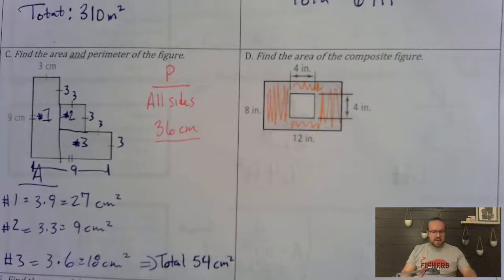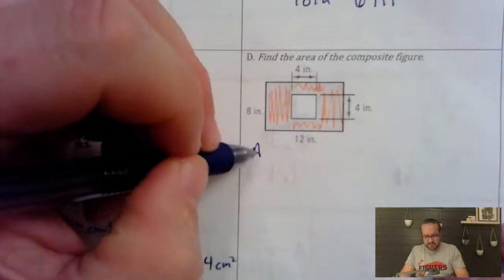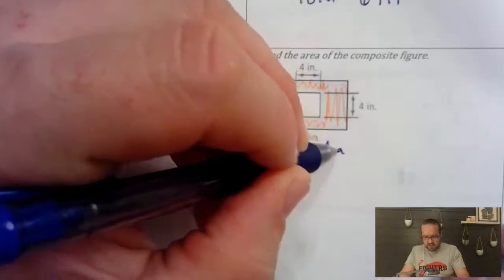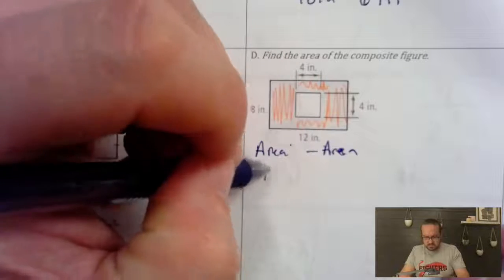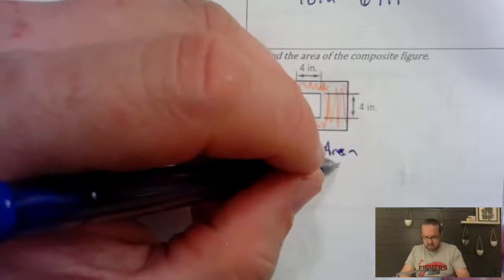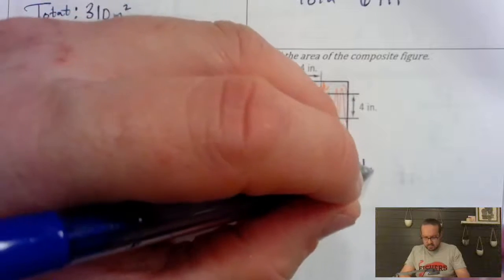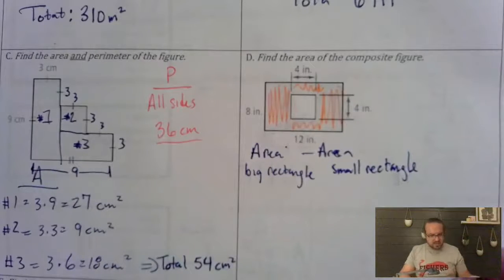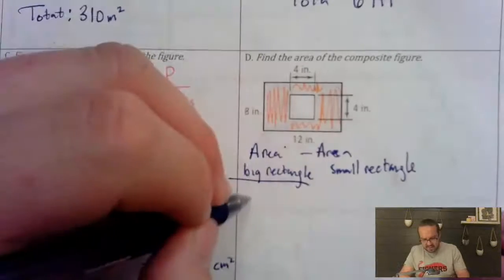So, a lot of ways that we could write this. We know that we're going to take the area of the big rectangle, and then minus the area of the small rectangle. It looks like the big rectangle has an area of 8 times 12.